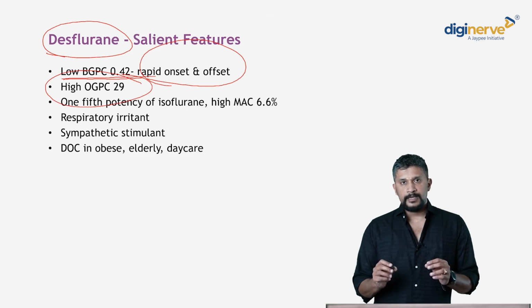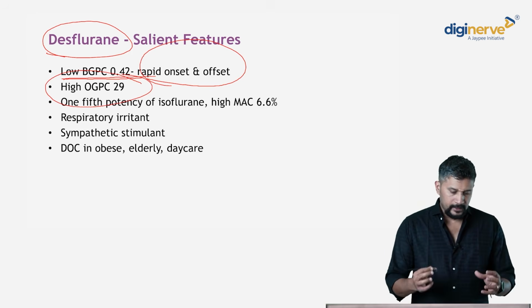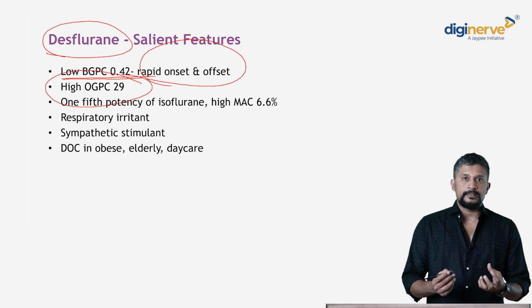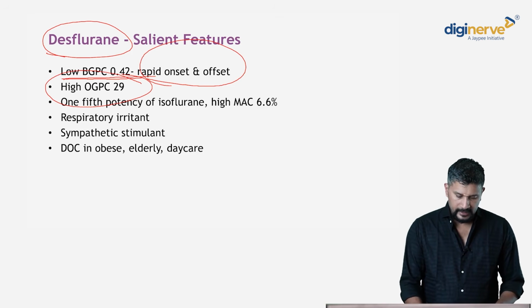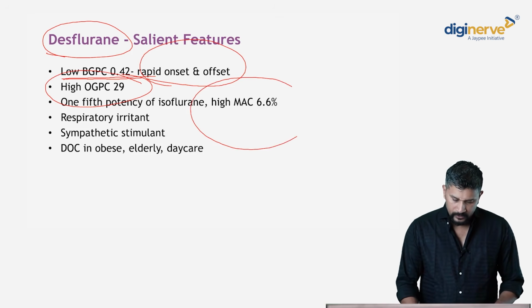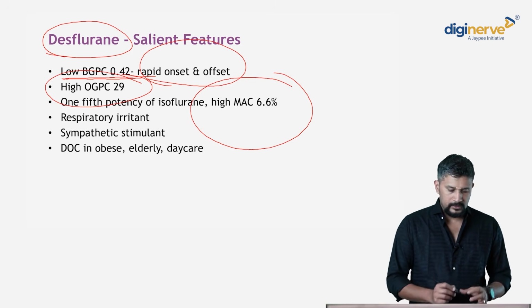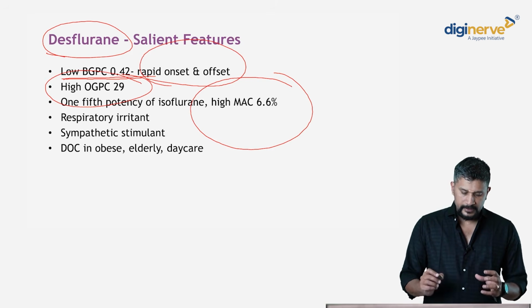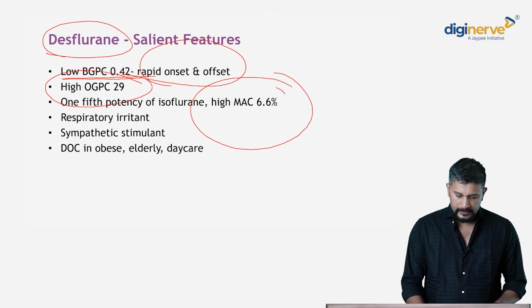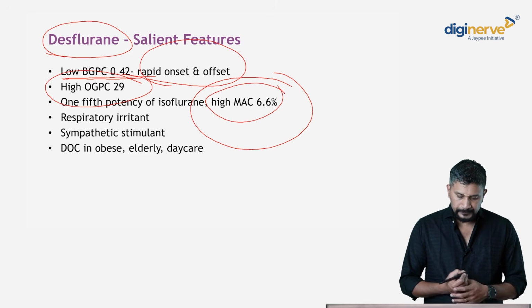We saw that the oil gas partition coefficient refers to the potency of the agent, and therefore desflurane is a little less potent as compared to other volatile anesthetic agents, which leads to a higher MAC value of 6.6. Amongst all the commonly used fluorinated agents, desflurane has the highest MAC value of 6.6.